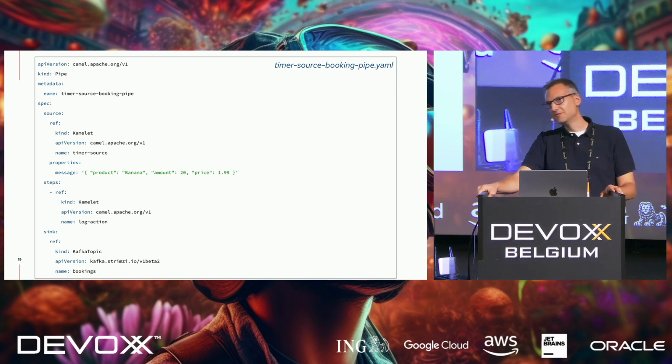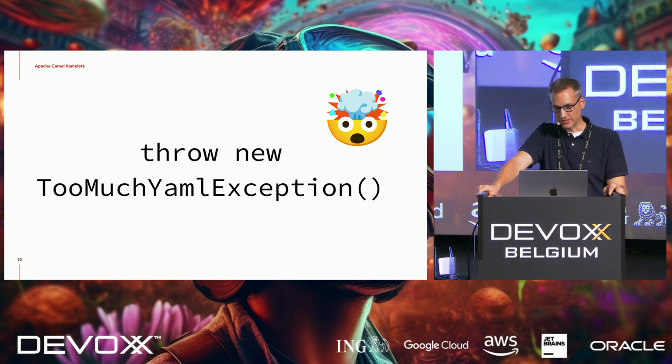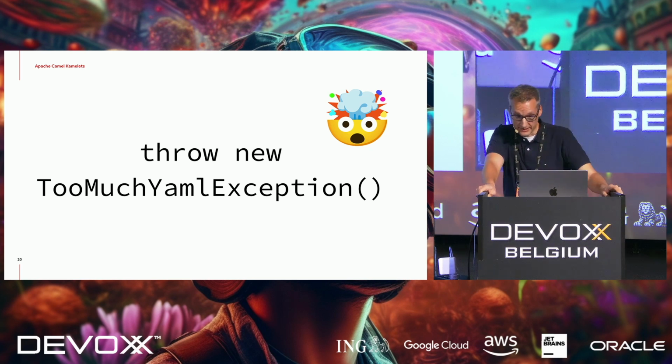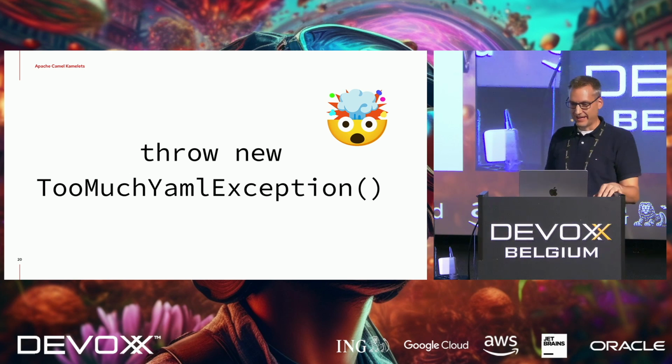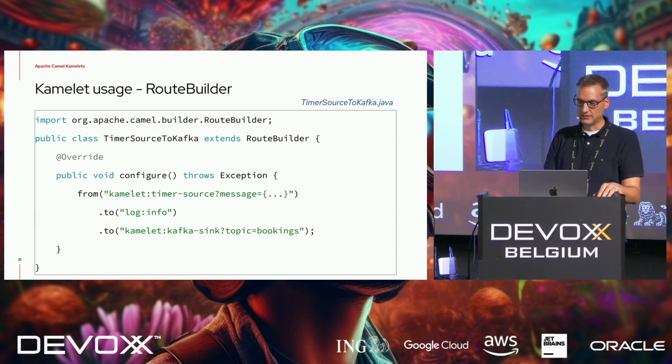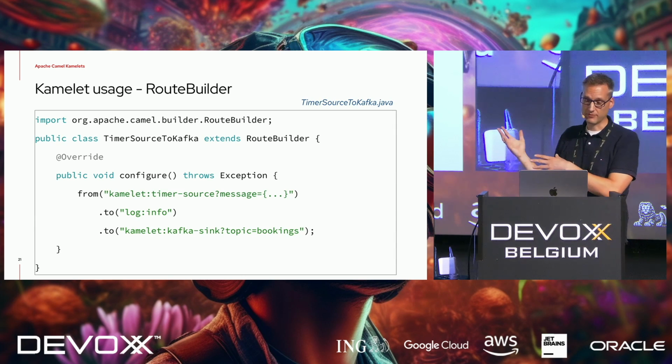And looking into your faces, I can maybe see something happening in your brain right now. Throwing too much YAML exception, because not everybody likes YAML for good reasons. But again, you are not bound to using this in this declarative way in the pipe.